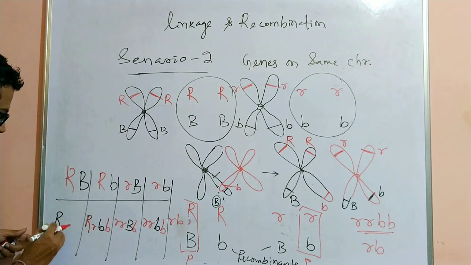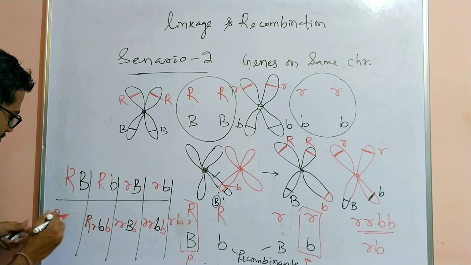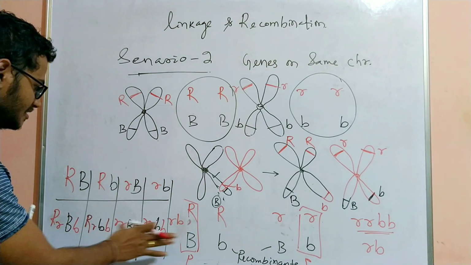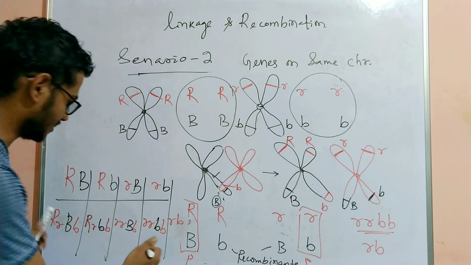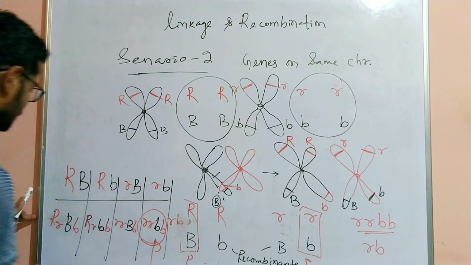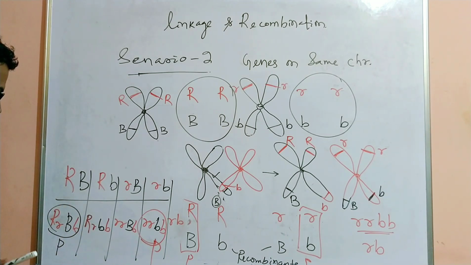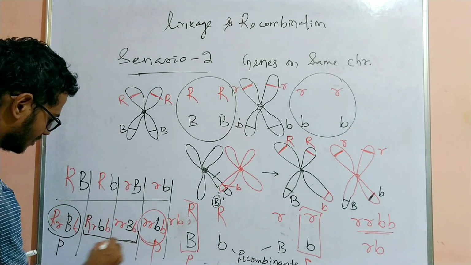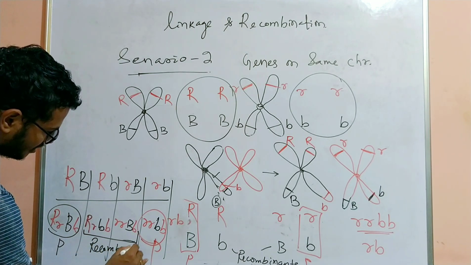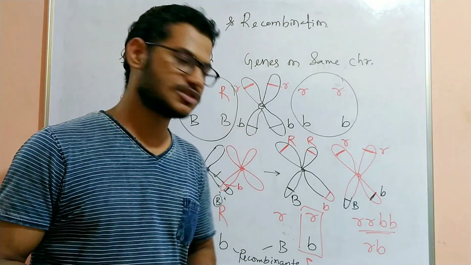Here we have capital R, smaller, capital B, small b. So this is the result of the cross, of the test cross. Here this one is the parental character, and this one is also parental character, whereas these two are recombinant. Okay, so these two are the result of crossing over.